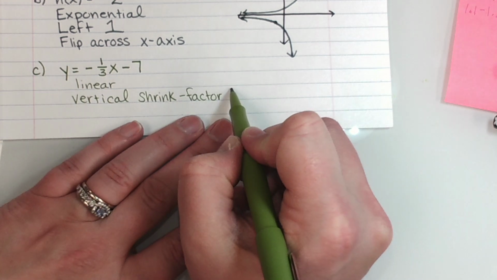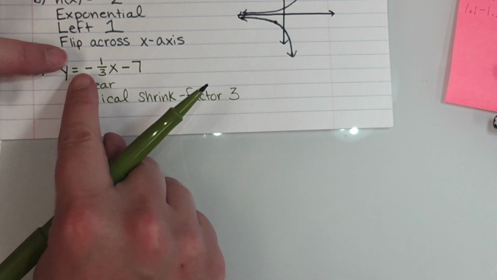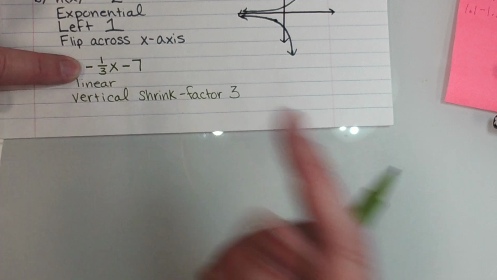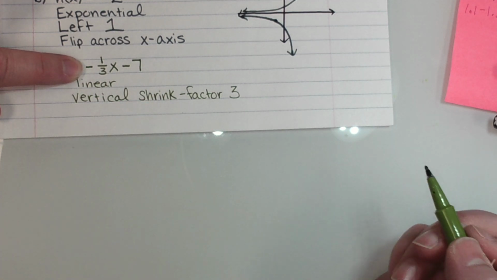We're going to focus more on that later this week, but in all technicality, this one's a factor of 3. Because the reciprocal of 1/3, the flipped version of it, is 3/1. What's the negative doing? It's a reflection across the x or the y axis.